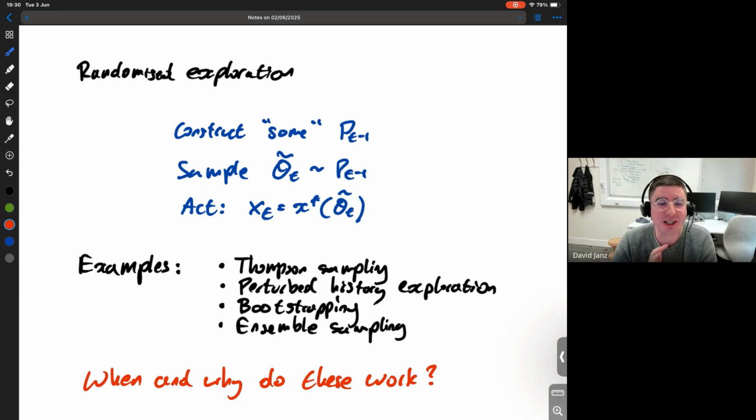And all of these are in some sense similar to Thompson sampling. And for all of these methods, we don't have a fully satisfactory explanation of why they work. So the question I'm going to try to answer in the remaining 30 minutes is why and when do these randomized algorithms work?